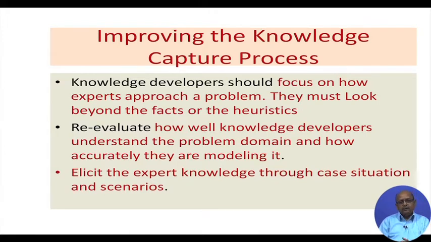For example, if in a particular context certain problems happen, how is the expert going to solve this problem, and if this kind of situation arises in the future, how are we going to solve it? So, develop cases or scenarios, and see how the expert comes to the solution of these problems, and then you must understand it, so that the processes could be applied to situations which might arise in future.